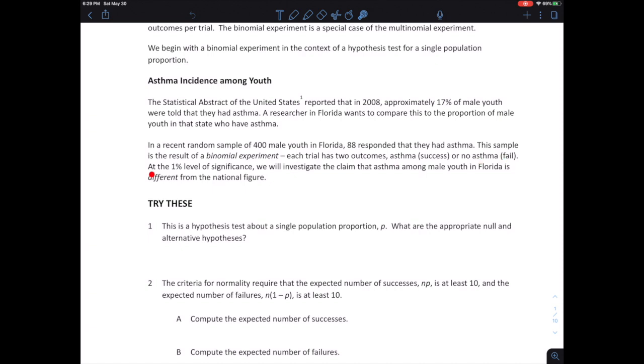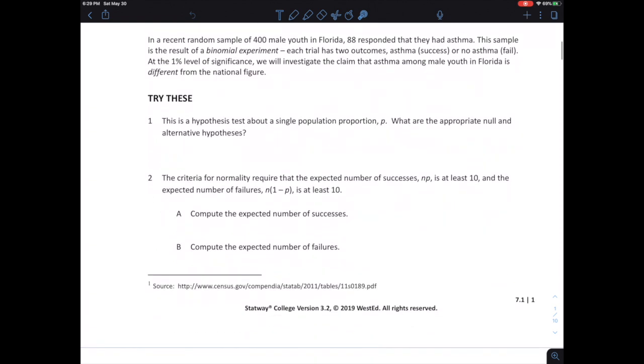Okay. At the 1% level of significance, we will investigate the claim that asthma among male youth in Florida is different from the national figure, and that was 17%. Okay, so this is a hypothesis test about a single population proportion p. What are the appropriate null and alternative hypotheses?